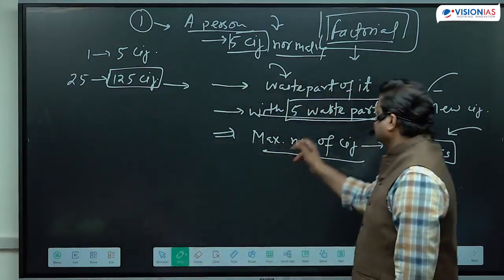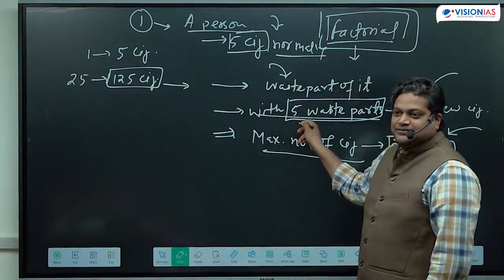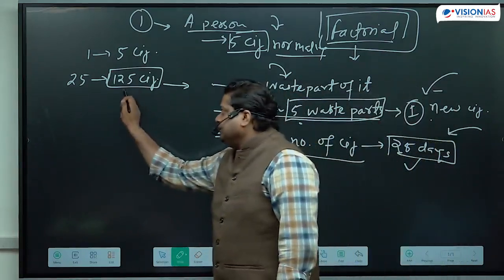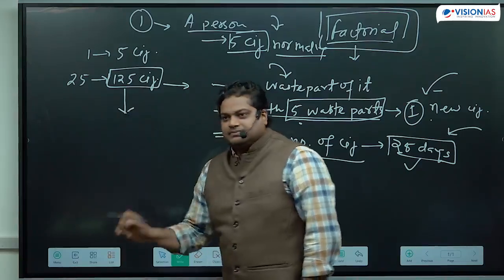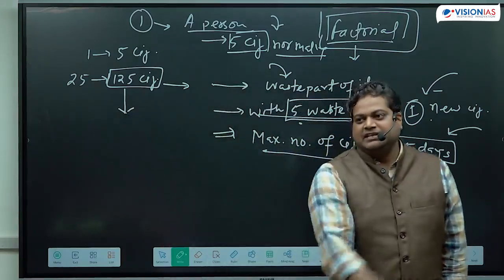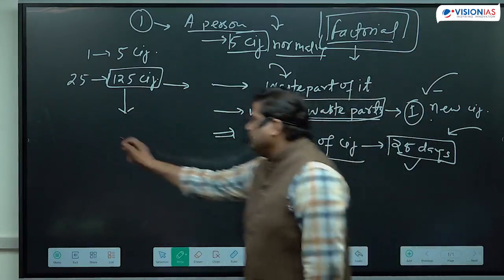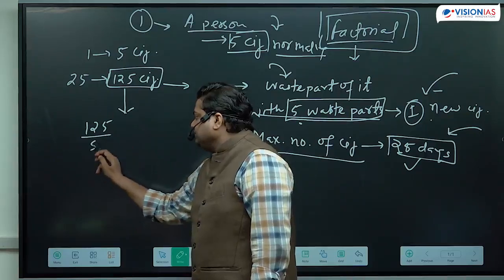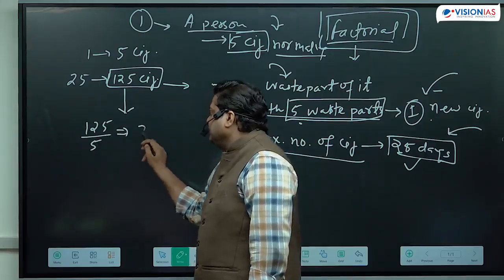But he is having this machine, 5 waste parts से 1 new cigarette. So these 125 cigarettes, 125 waste parts. So with the help of these 125 waste parts, how many new cigarettes he can make? 25.